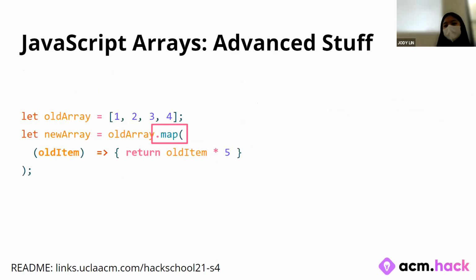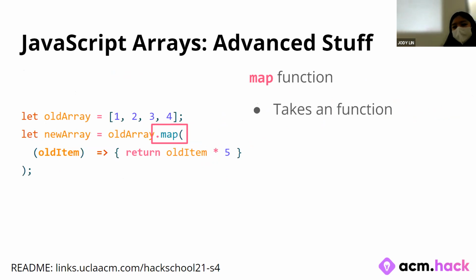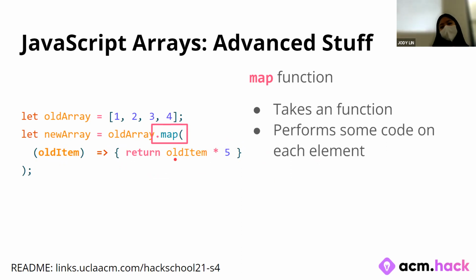So what is this map function? Let me just describe what it does before I get into the syntax. The map function, one, takes a function. If you look on the left, this is actually a function. It's going to take that function and run it on each element.